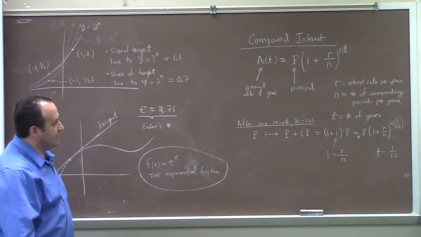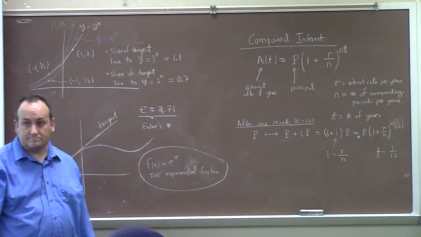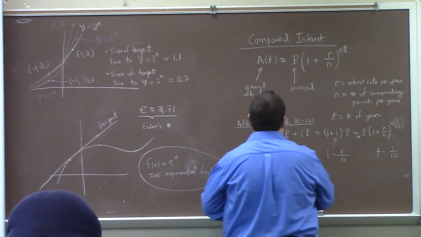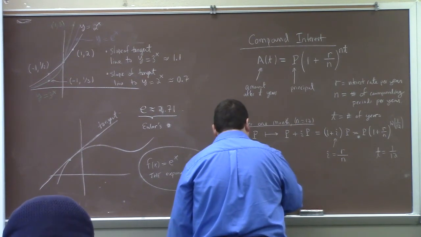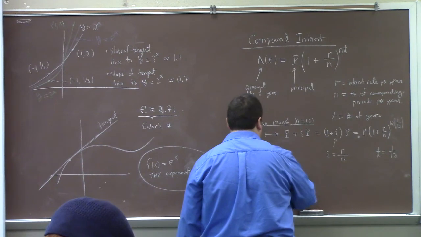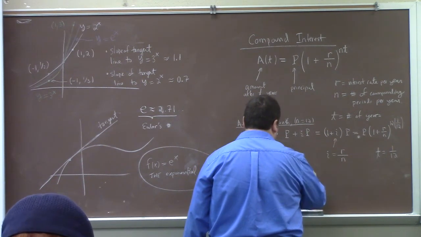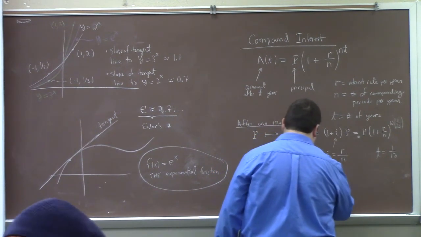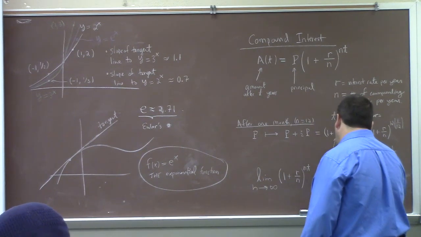All right. What does that have to do with the exponential function? Well, it turns out that if you take the limit as the number of compounding periods goes to infinity of 1 plus r over n to the nt, that will give you e to the rt.